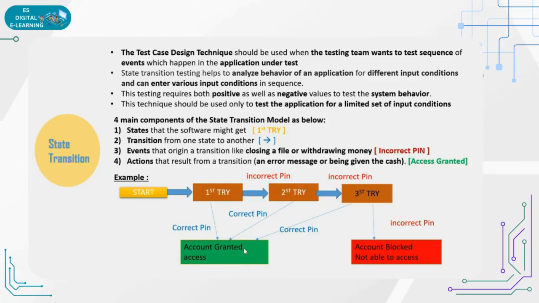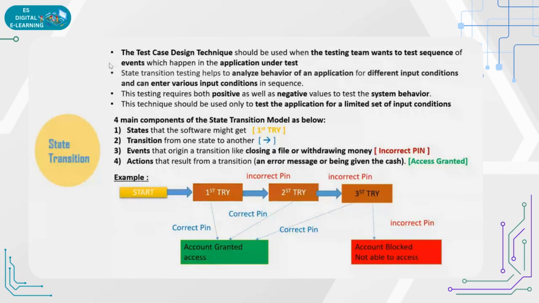Okay, so in interviews, if they ask you, you should not give this kind of example. If they ask in detail, you can say state transition is a test sequence of events that will happen in the application under test. Whatever the first heading point is, you need to give that.